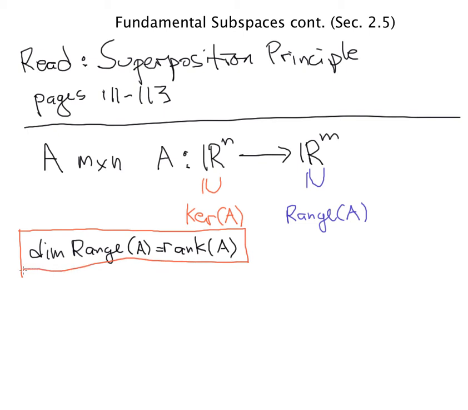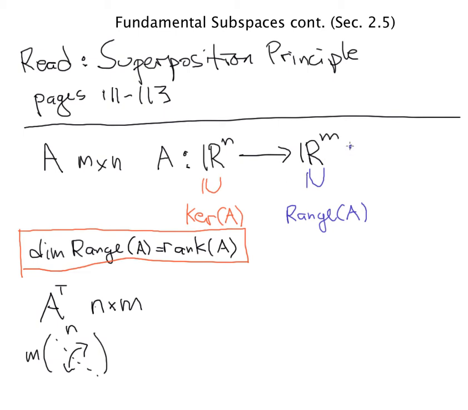Now we're going to play an interesting game here, which is to look at the transpose matrix. So I've mentioned before a few times, A transpose is the flipped matrix, which is to say it's an n by m matrix, where you just take this matrix and you flip it around the diagonal and you switch m and n. And what that does is it gives you a map going the other way.